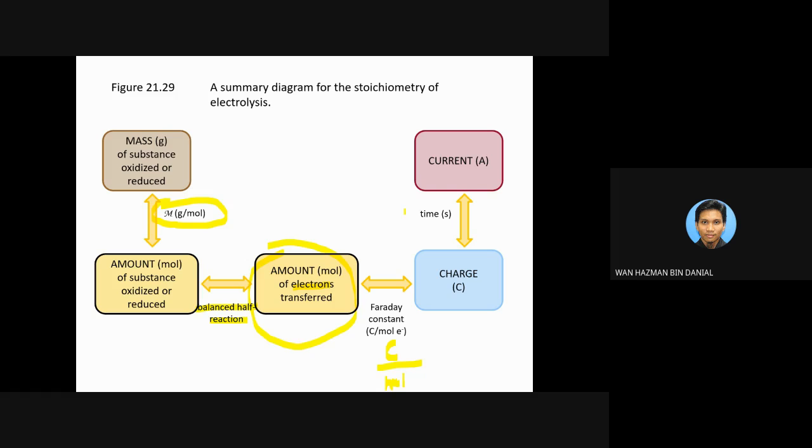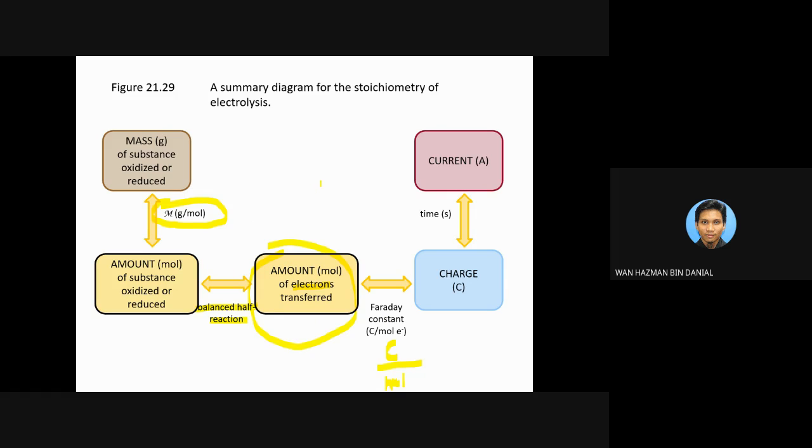You can go back and forth. If we have current, for example, how do we find charge? We multiply by time, and we will get charge. From charge, we divide by Faraday and we will get mole, and we can calculate mass.